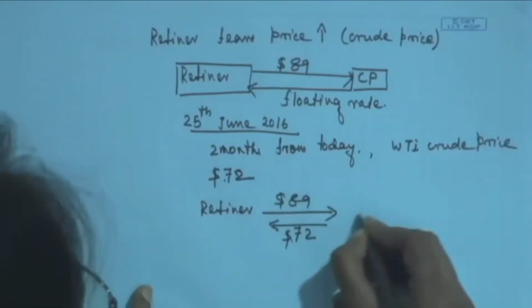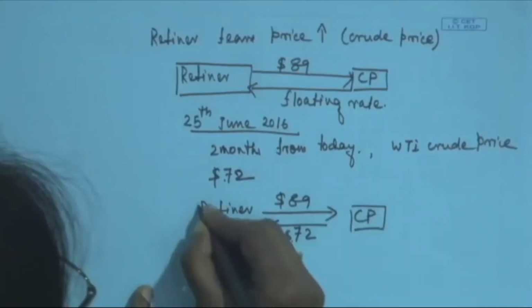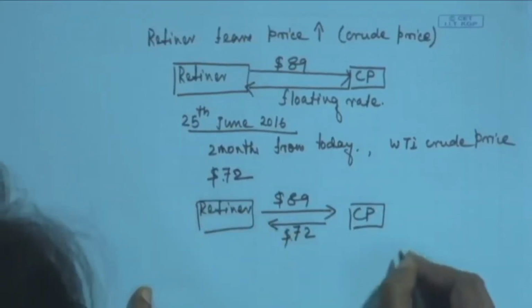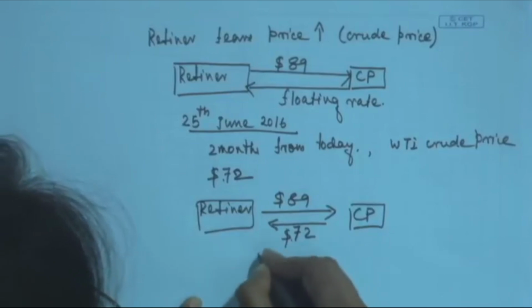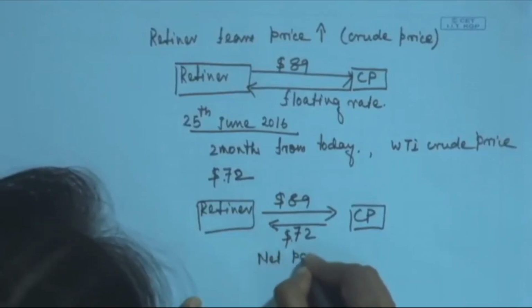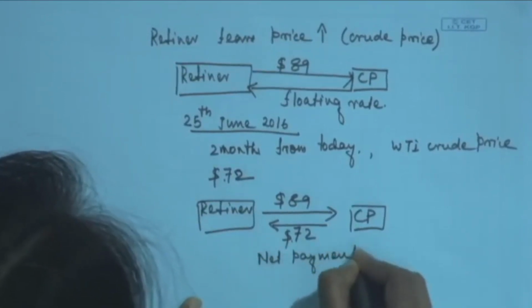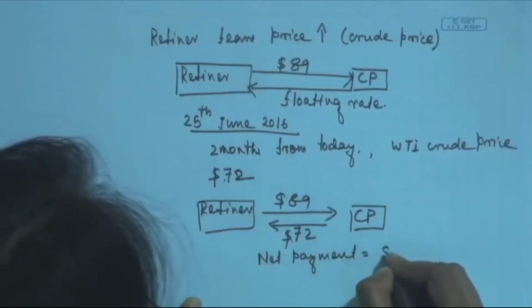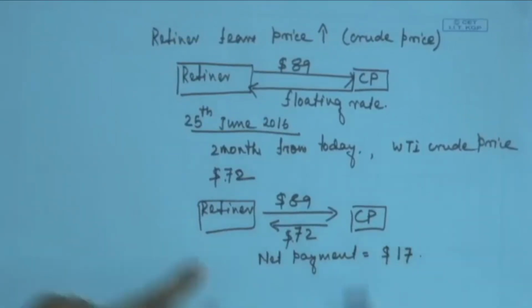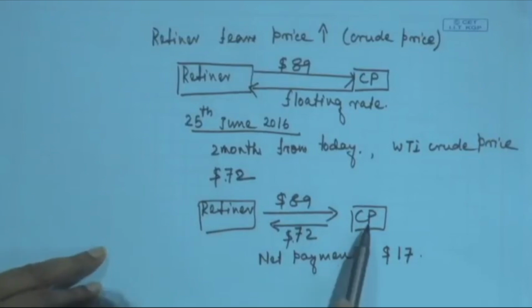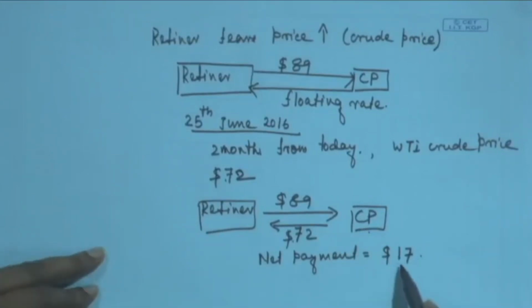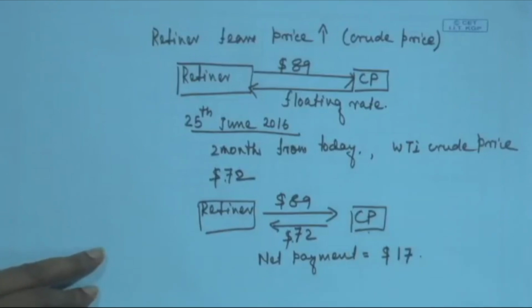So a net payment of $17 will be made by the refiner to the counterparty at the end of the 2 months. $17 into 10,000, so $170,000 will be paid by the refiner to the counterparty.